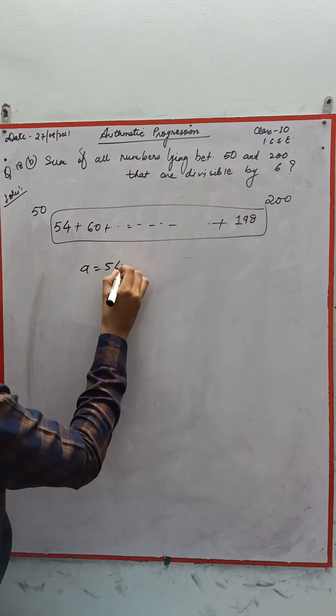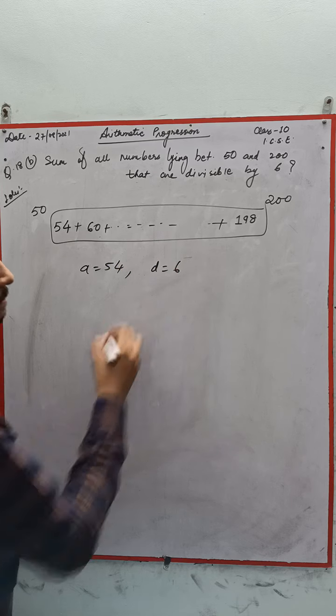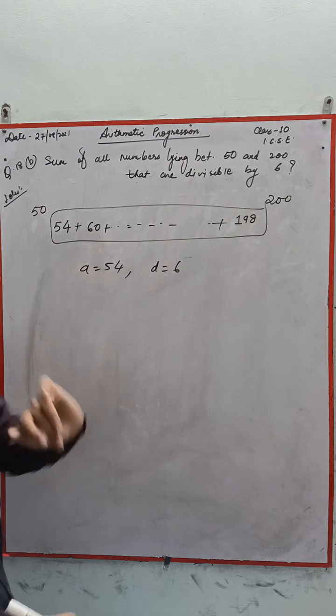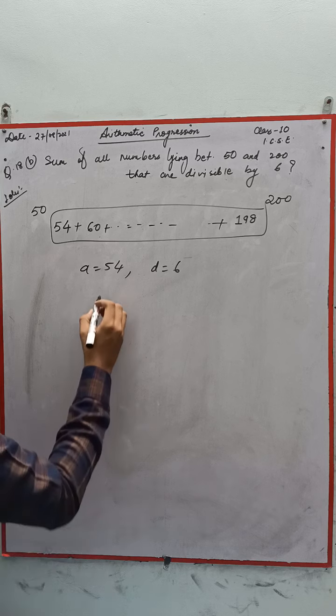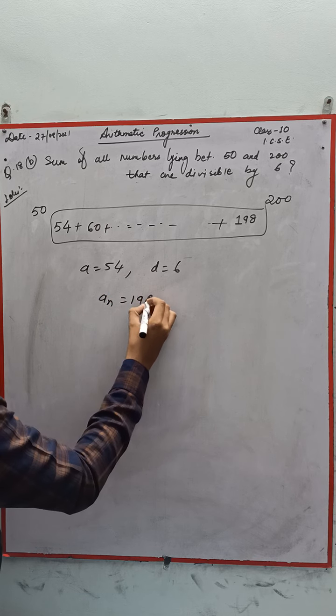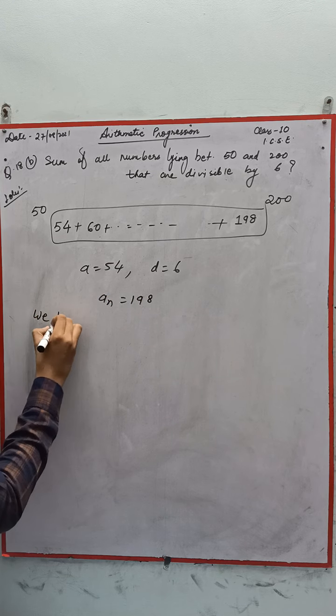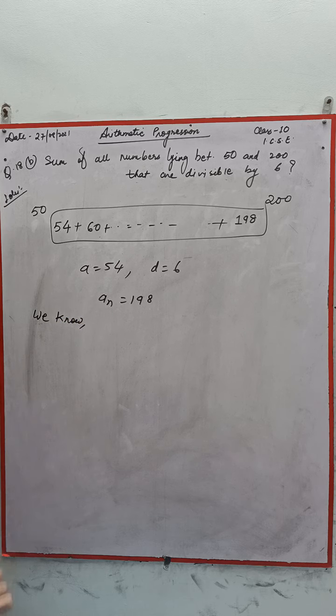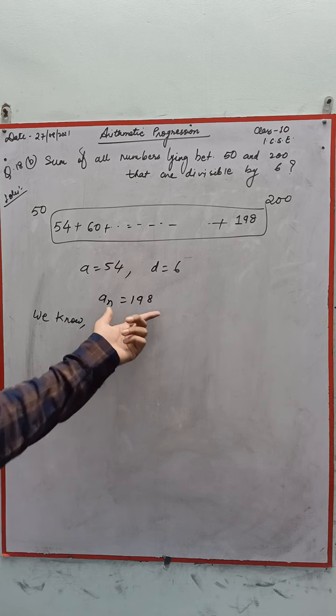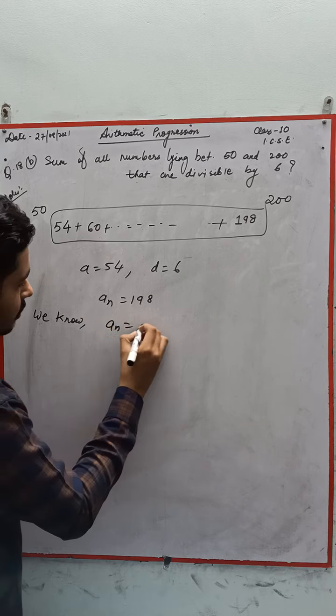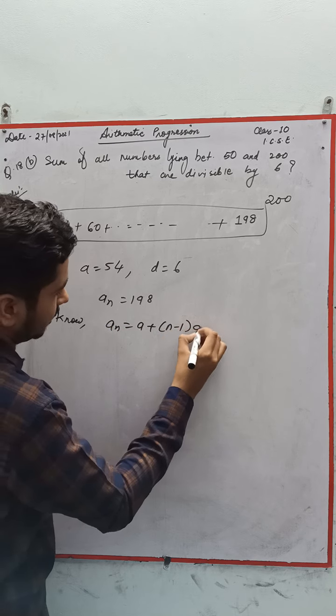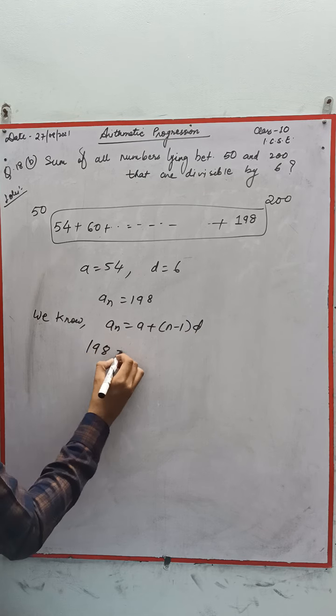A is 54, d is 6, obviously, because these are the multiples of 6. An is 198. So first of all, we have to find the value of n with the help of an. An is equal to a plus n minus 1 into d. In place of an we can put 198.